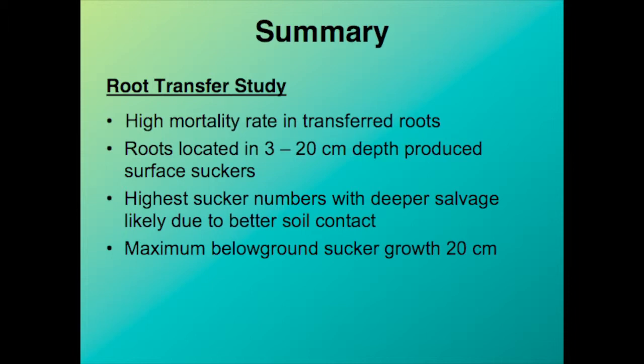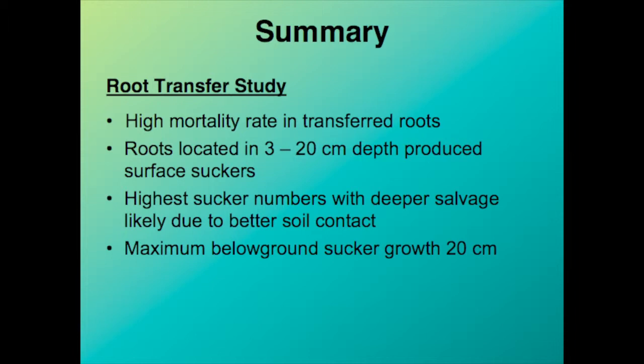So the summary for that was, what we found is that we have a high mortality rate. The most suckers were produced from root fragments in 3 to 20 centimeter depth, and the deeper you salvaged, so the more soil you brought with you, the better was actually the regeneration.